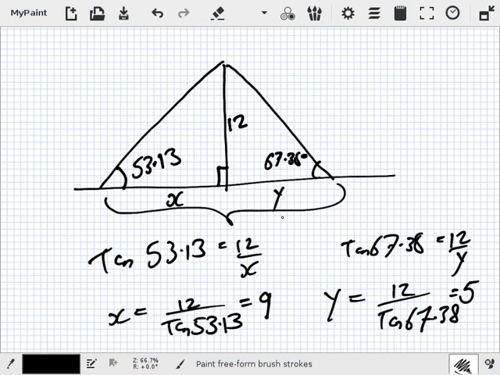But what was interesting about this one, which is why I wanted to do it, is there's actually a second answer. See, they could actually be closer together, but all the information still remained the same. Now, I want you just to take a minute to see, can you draw this triangle again with the same angles and the same height of 12, but have the two of them closer than 14 meters?